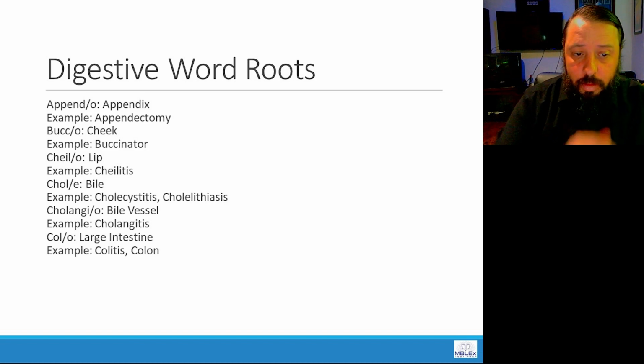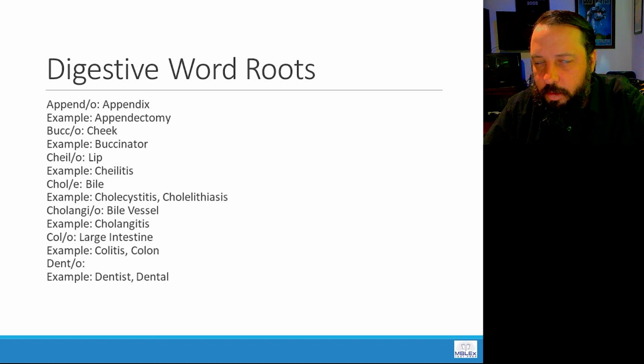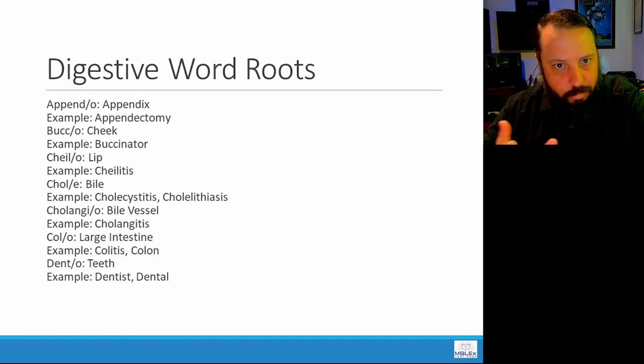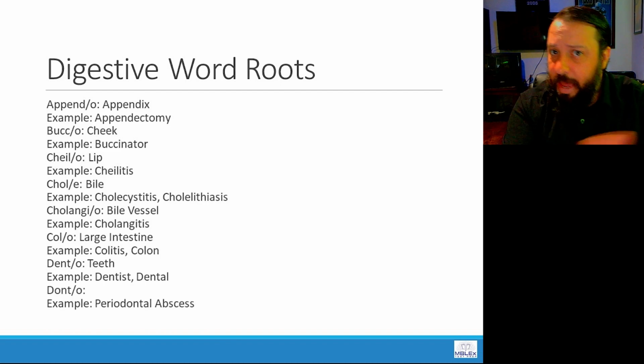Okay? Moving on, dento. So a dentist is a specialist, a doctor who specializes in the teeth, right? So dental work, you're getting work done on the teeth. What about odonto? Like periodontal abscesses. Orthodontist.